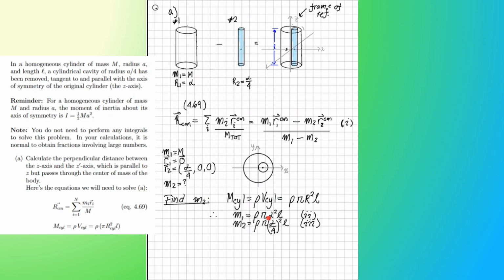So here we have two equations for one unknown, which is M2, because we know that M1 is just equal to M. So from equation number 2, we can say that the density is equal to M1 divided by pi alpha squared L, and we can put this in equation number 3.